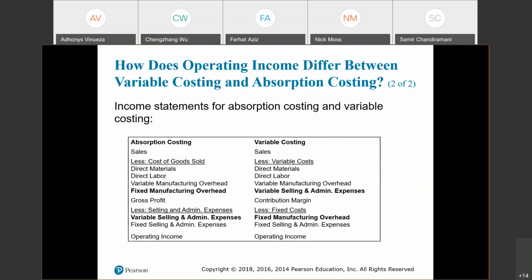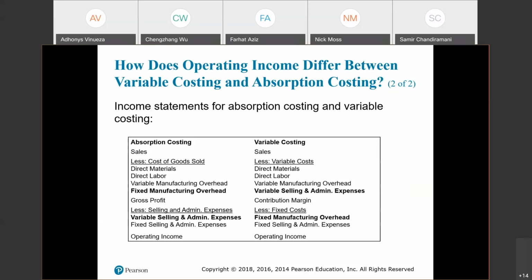Well, before we go further into detail, this is the summary of calculating the operating income. Let's take a look. In absorption costing, we use sales less COGS.